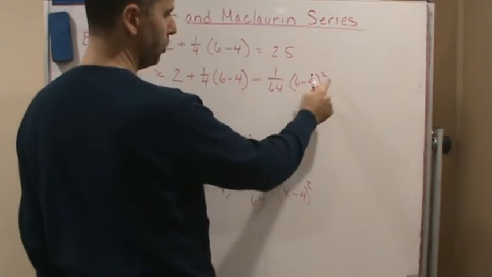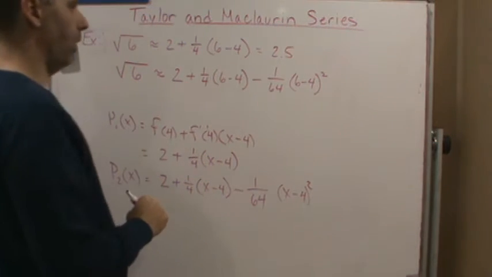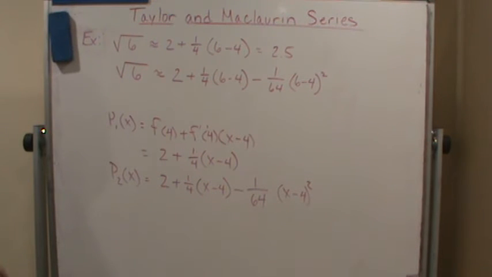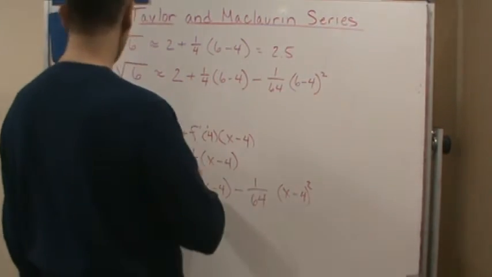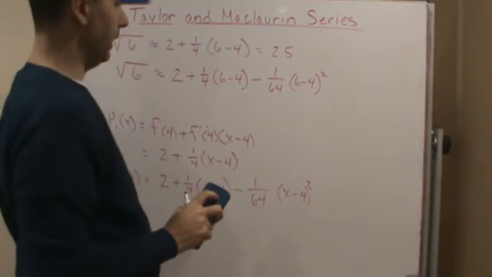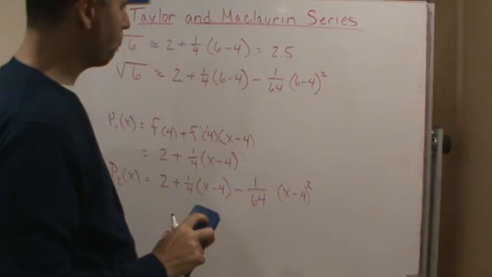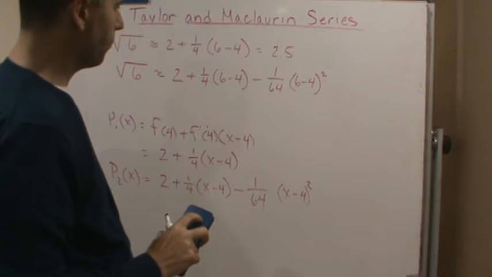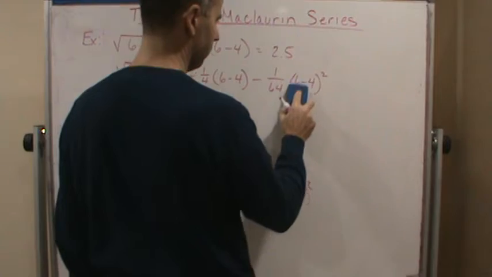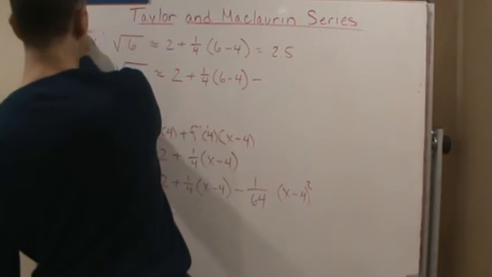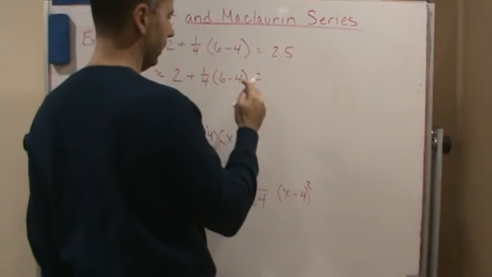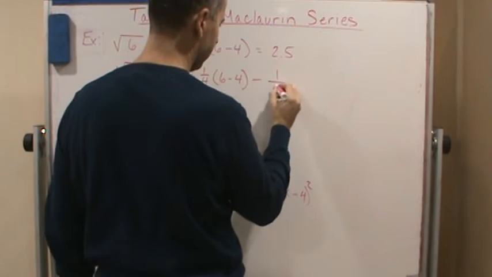So this is going to be 4 over 64, so we subtract off 1/16. 4 over 64 is 1/16.